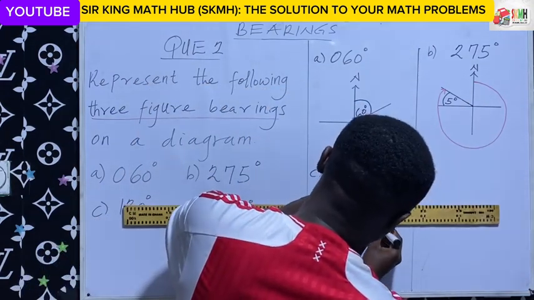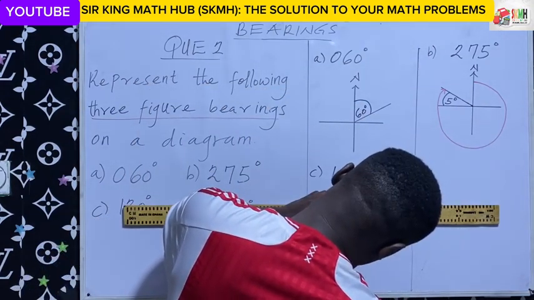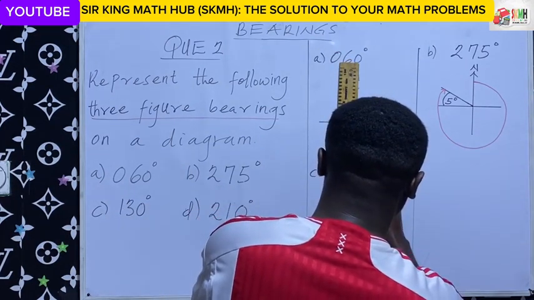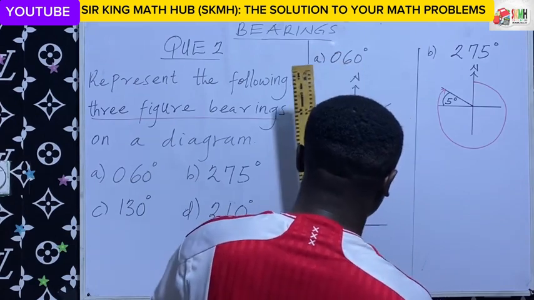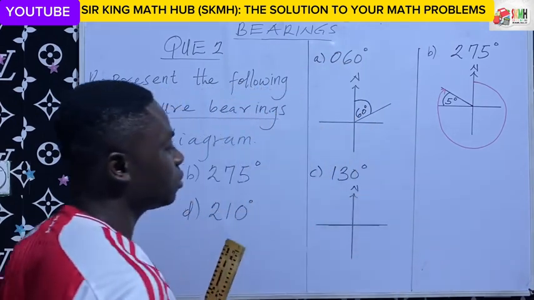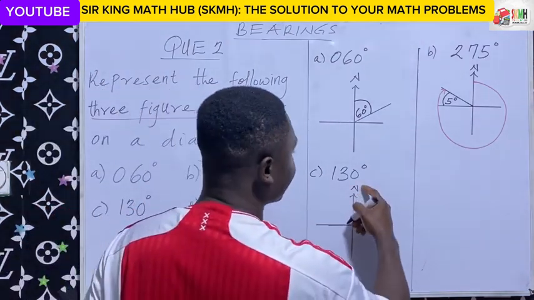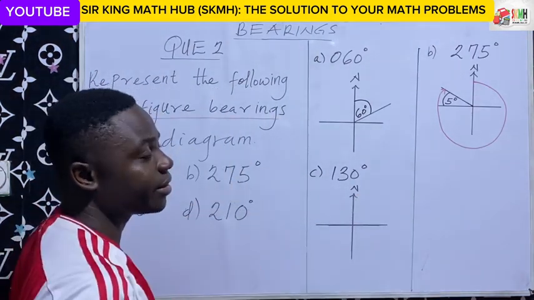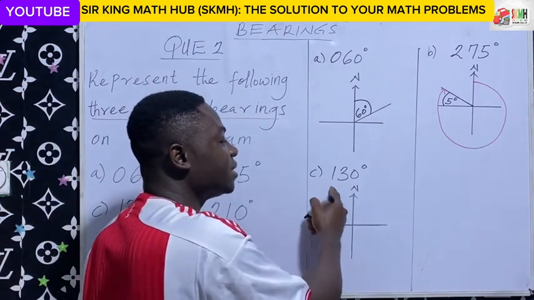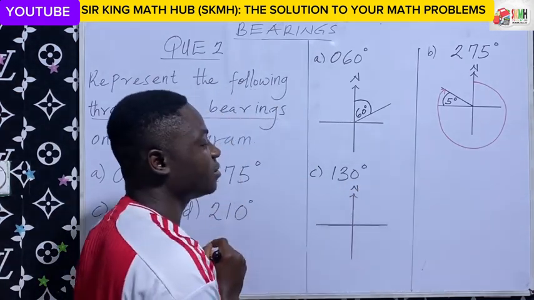Let me enlarge it. Okay. So here will be our geographical north. So it means that from the geographical north, since this is a 3-figure bearing, we have to measure 130 degrees in the clockwise direction.